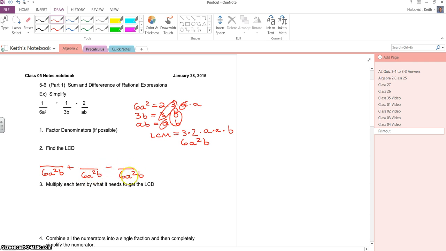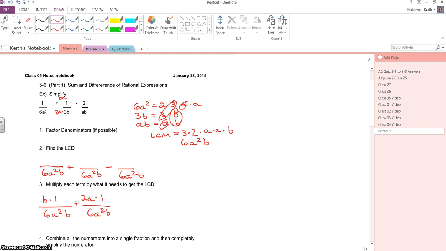So what you want to do is multiply each term by what it needs to get the lowest common denominator. Here, you need to multiply by ab. So it's b times 1 over 6a squared b. Here you'd need to multiply by 2a times 1 to get 6a squared b, because you'd have to multiply 2a times there and 2a times there.